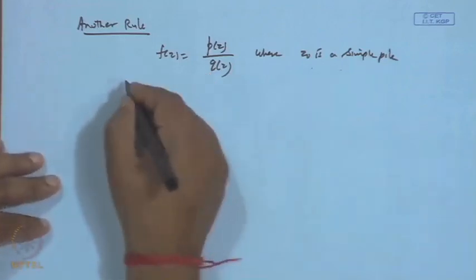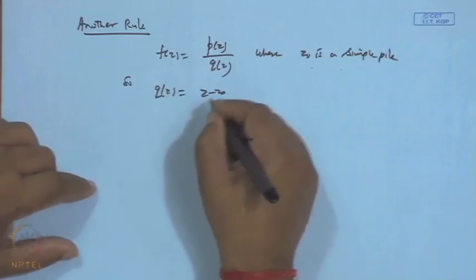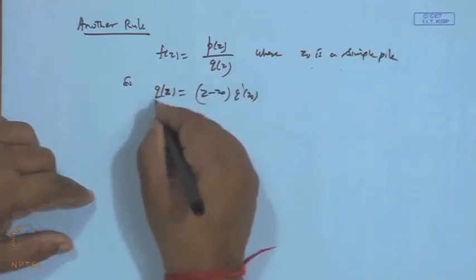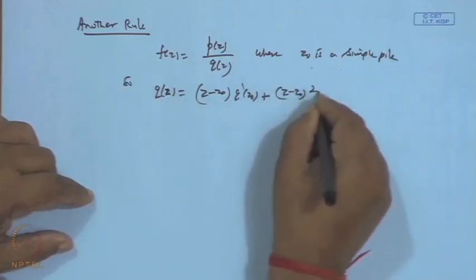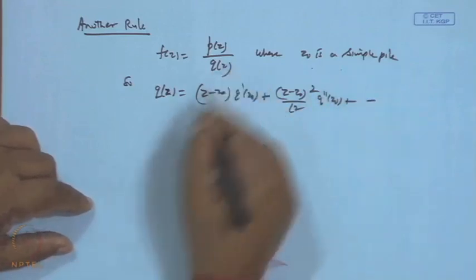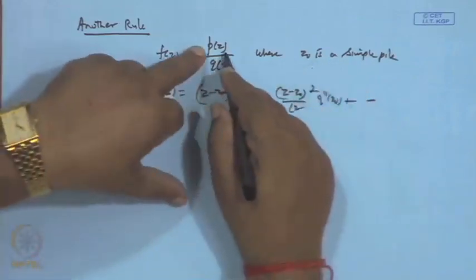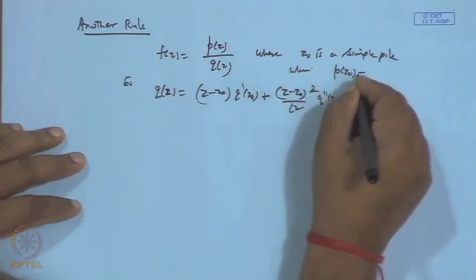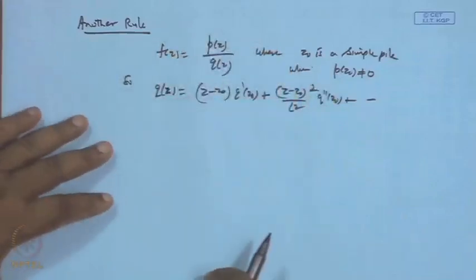So q(z) will have the expansion (z minus z naught) q prime(z naught), because when z approaches z naught, q(z naught) must go to 0, plus (z minus z naught) whole square by factorial 2 into q double prime(z naught), and so on. Also we have assumed that p(z naught) is not 0. Otherwise, it will be the identity function, the 0 function.